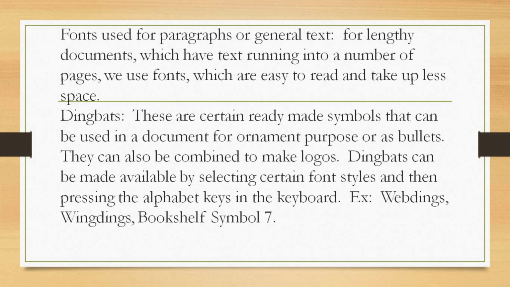They can also be combined to make logos. Dingbats can be made available by selecting certain font styles and then pressing the alphabet keys on the keyboard. Examples: Webdings, Wingdings, Bookshelf Symbol 7. All these are examples of dingbats fonts.